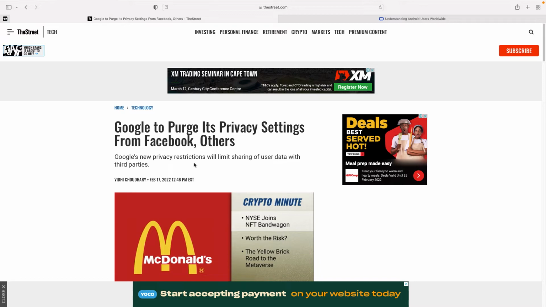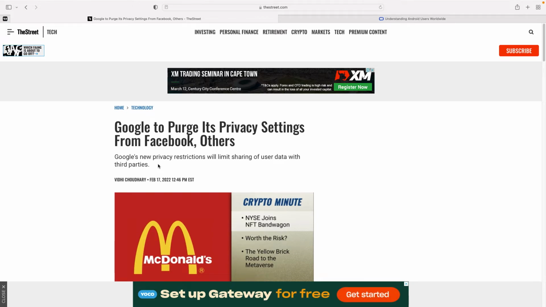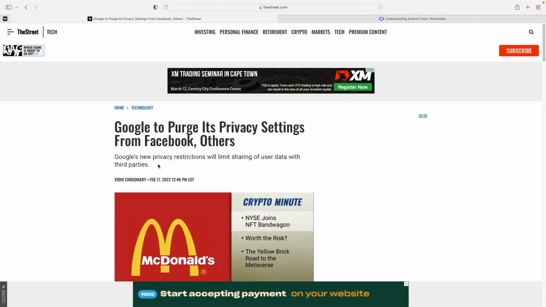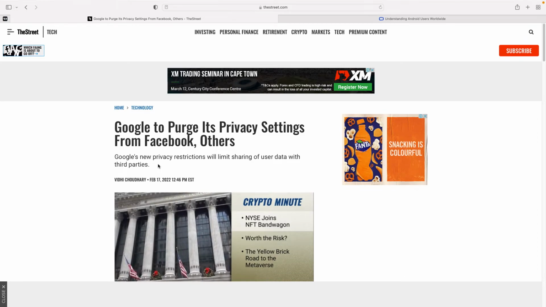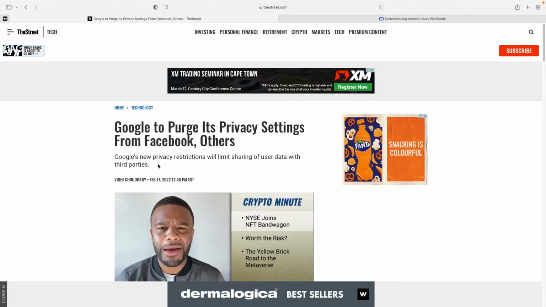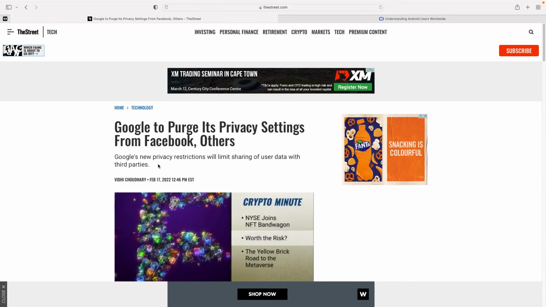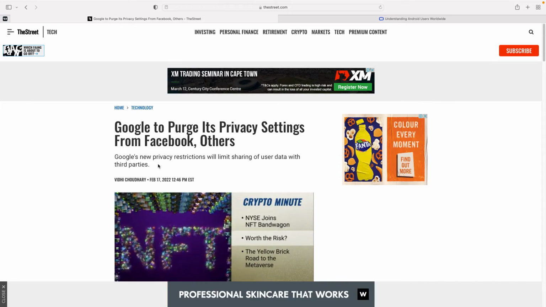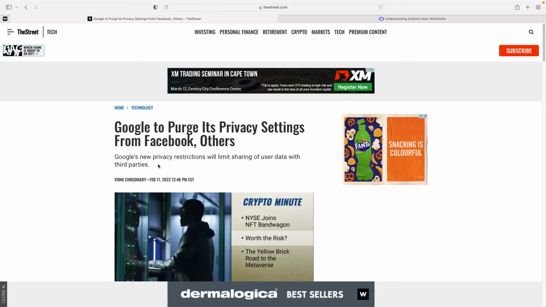So what this means is that Google's new privacy restrictions will limit sharing of user data with third parties also. Now, before you go, okay, but what does this mean? In simple terms, it basically means that Google is now following the same path that Apple did in regards to how your data is being shared on Facebook, and Facebook fell 26% just because of Apple implementing that.